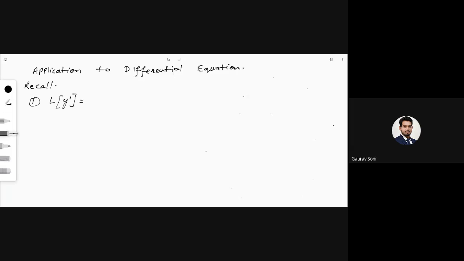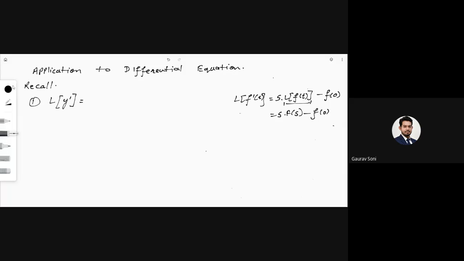So what we saw was the Laplace transform of f dash of t. The formula was s times Laplace of f(t) minus f(0). This Laplace of f(t) we wrote as capital F(s) minus f(0).